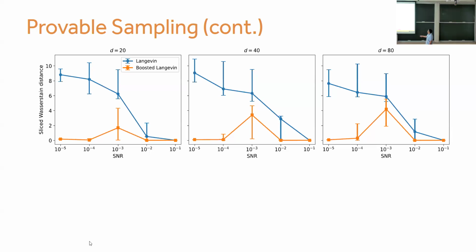The Langevin dynamics can do a very good job when the signal-to-noise ratio is small, but the error increases quickly when the signal-to-noise ratio is large. In contrast, if we use our tilt transport technique, the statistical distance is very small for both the small and large signal-to-noise regimes. Even for the difficult regime in the middle, its performance is still much better than Langevin.